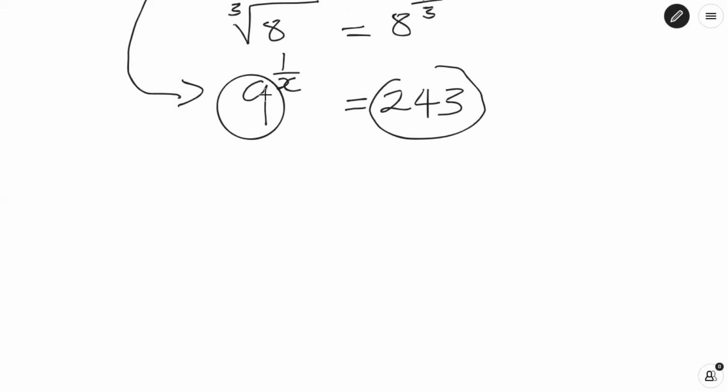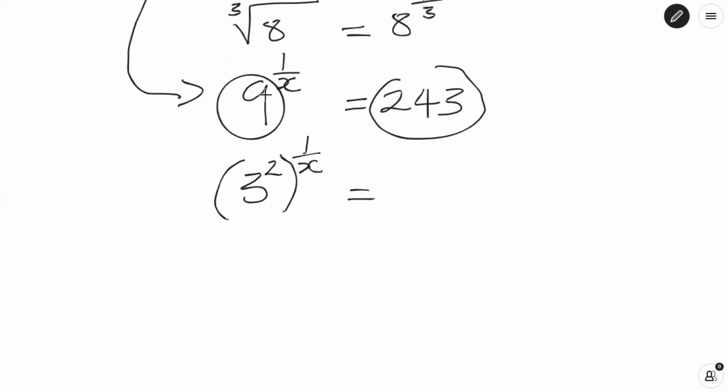And what is 9 in power or exponential form? 9 is the same as 3 to the power of 2. So I'm going to put that in brackets, to the power of 1 over x.